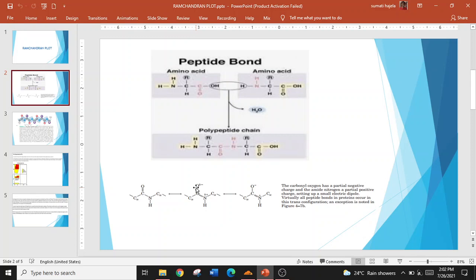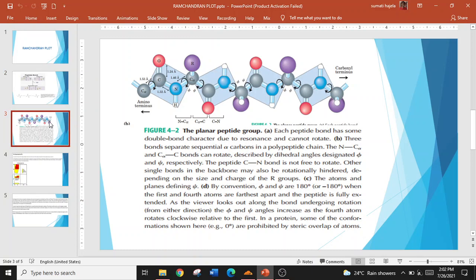The four atoms of the peptide group lie in a single plane. Which four atoms are these? O, C, N and H. These four lie in a single plane, as you can see here.